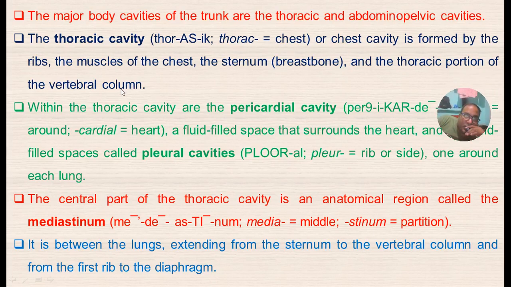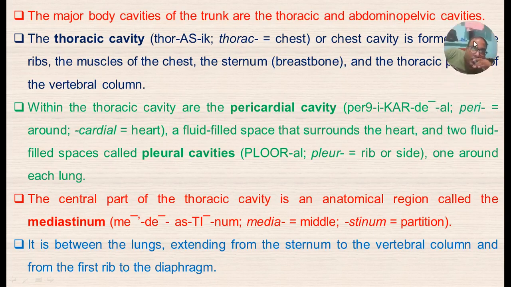Within the thoracic cavity is the pericardial cavity, meaning the location of the heart. The heart is located in this pericardial cavity. Cardial means heart. It is a fluid-filled space that surrounds the heart, and there are two fluid-filled spaces called pleural cavities, one around each lung.